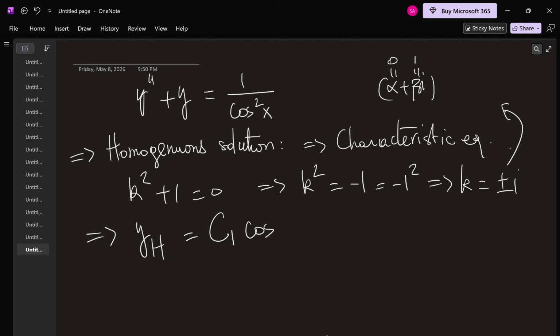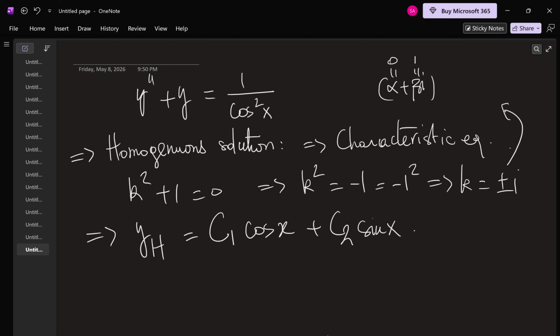So it is exponential alpha x, which is 1, times c1 cos beta x, which is in this case 1, and so it is cos x, plus c2 times sine x. Okay, so this is the homogeneous solution. Now we will look for the particular solution.